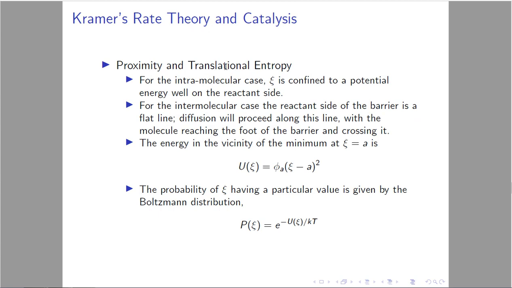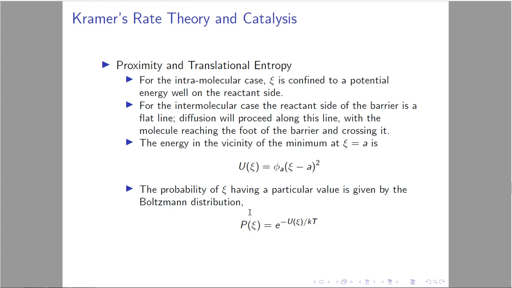Okay, so for the intermolecular case, psi is confined to a potential energy well on the reactant side. So the energy is at a minimum at psi equal to A, and the potential energy U(psi) equals P(psi minus A) squared.